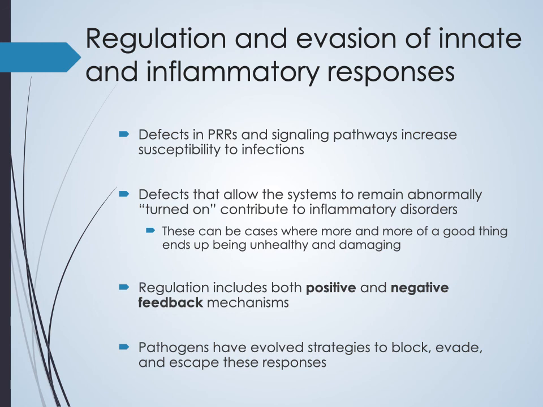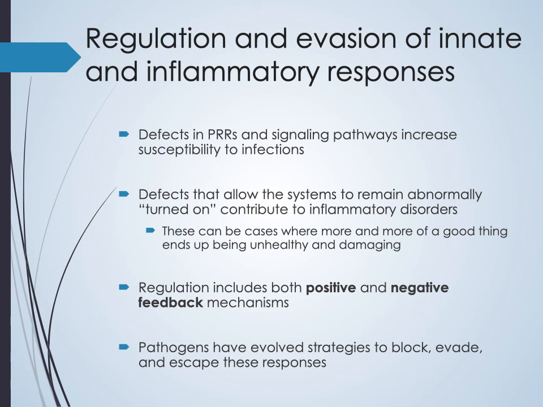So in some cases, this may actually lead to the system being turned on. So normally there's going to be on-off regulation, and so if these defects allow for the response to be in an on position, this is going to cause inflammation, chronic inflammation, and that's obviously not a good thing either.